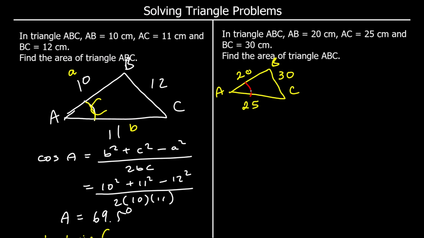So cos A equals, if this is big A, this is little a, these are B and C, b squared plus c squared minus a squared over 2bc.